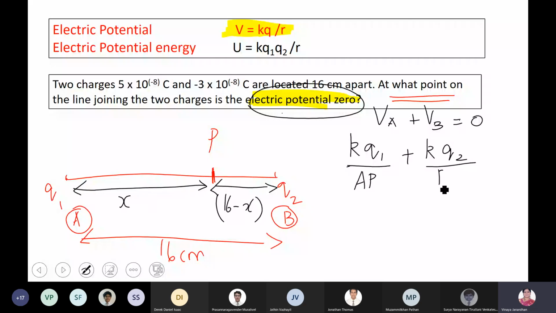Now K is common, so K into Q1 by AP plus Q2 by PB.